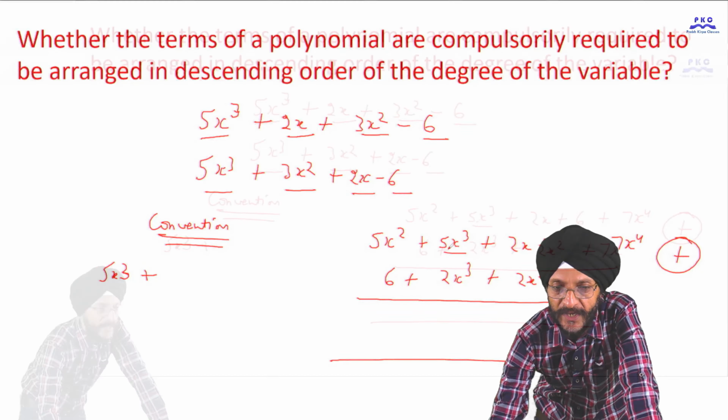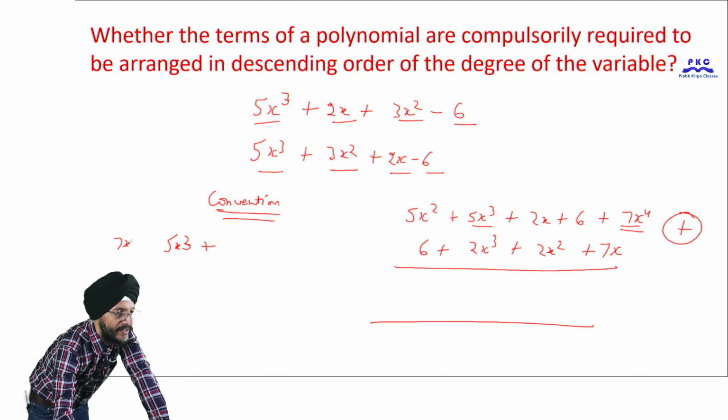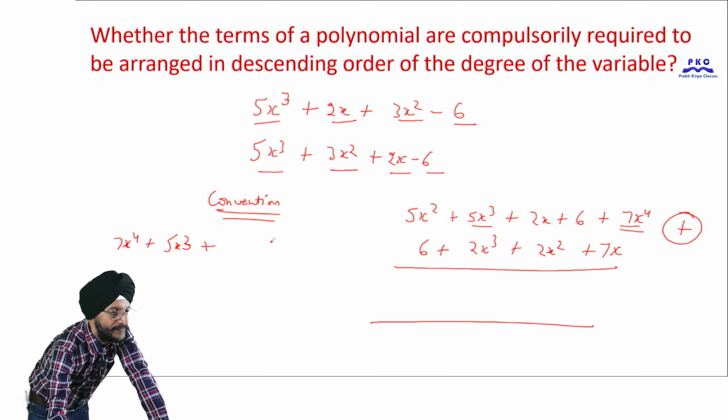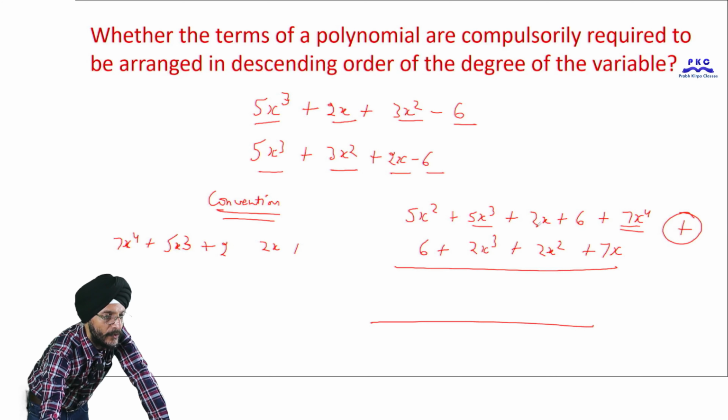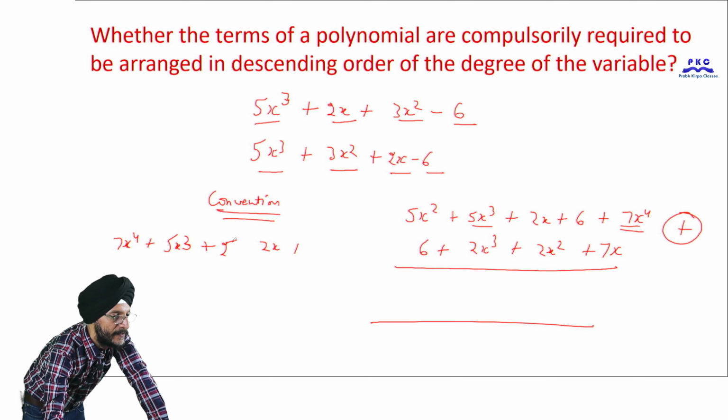Here the highest power of the variable is 7x raised to the power 4, then comes the term with power 3, 5x cube, then 5x square, here comes 2x, then comes plus 6.